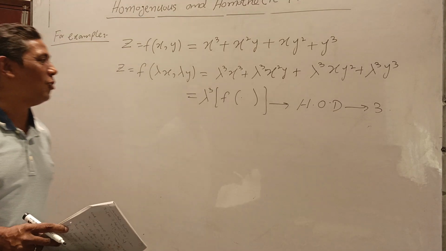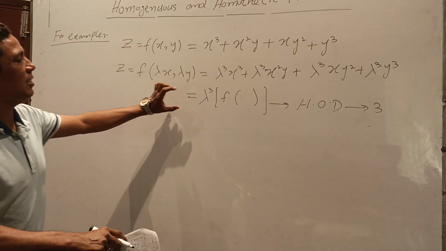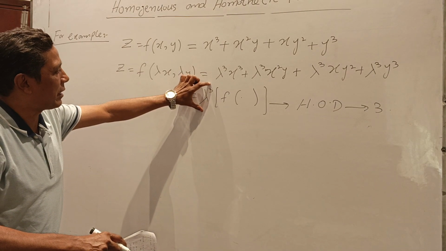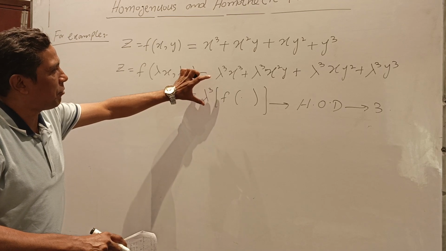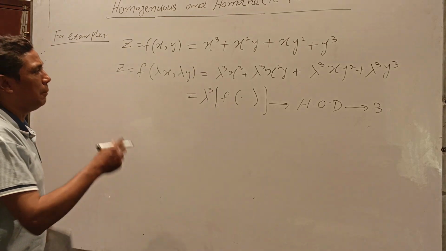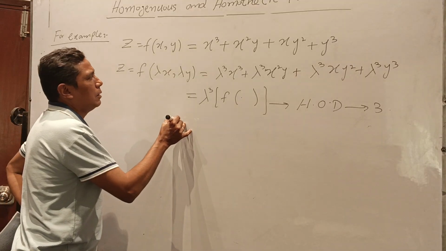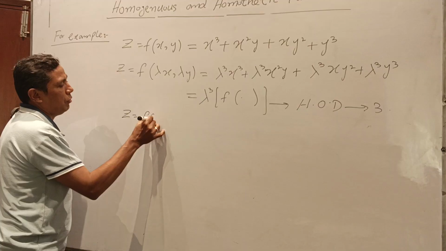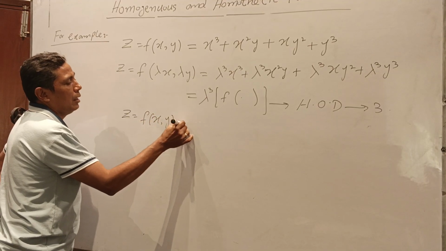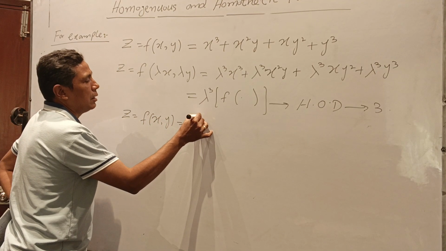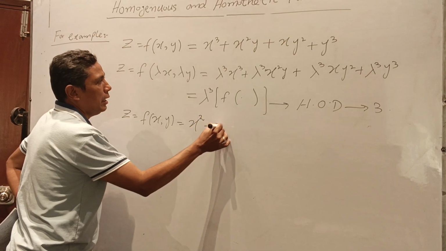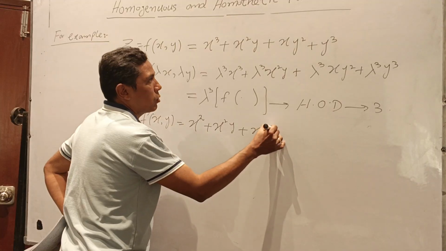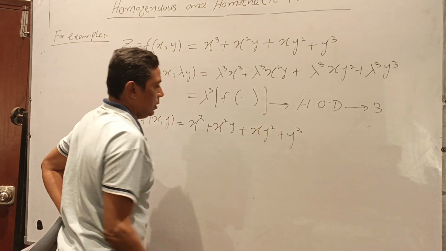So now that is actually HOD 3, and if you are not able to factor out this value from the function, for example, we can write z equal to f of x, y, and it is x square plus x square y plus x y square plus y cube, right?